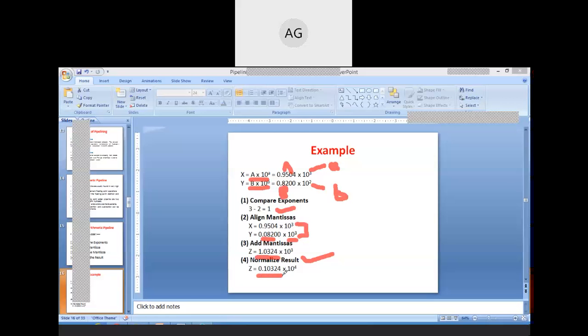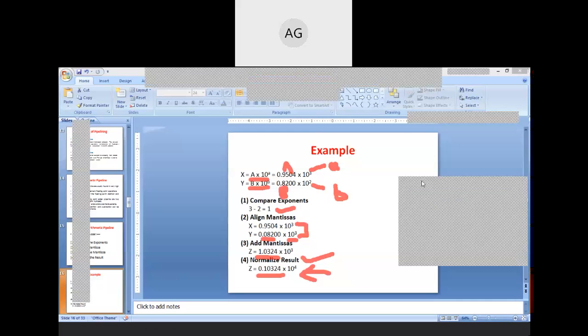So the non-zero value 1, which is present before the decimal in step 3, will come after the decimal in step 4. Our answer after normalization is 0.10324 into 10 to the power 4. This is our final result after the normalization. By using these four steps, we can calculate the addition and subtraction operations with the use of arithmetic pipeline.